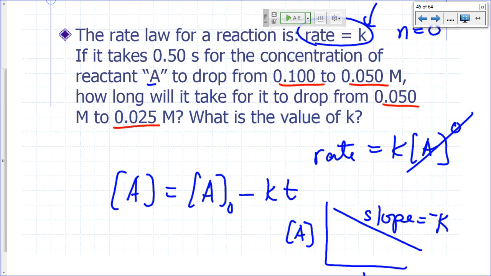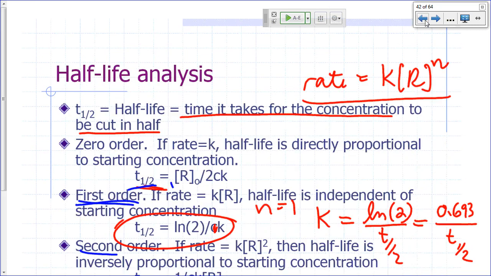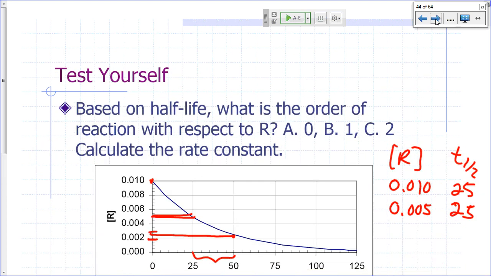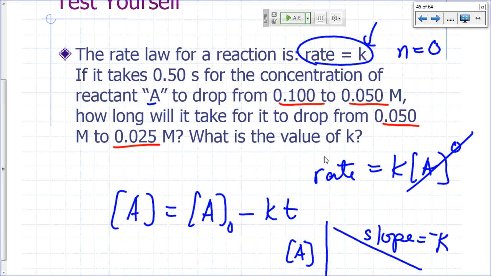We can go back to our equation for the half-life. The half-life for 0 order is just initial concentration over 2 times the rate constant.